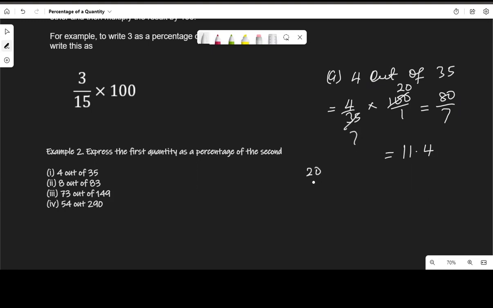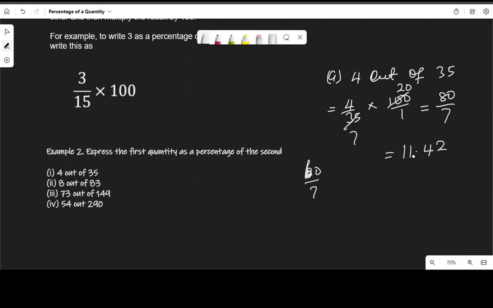Place a 0 behind it again, and then divide it by 7. 20 divided by 7 is 2, 2 times 7 is 14, remainder 6. Place a 0 behind 6, that makes it 60. 60 divided by 7. So this is going to give us a recurring decimal.